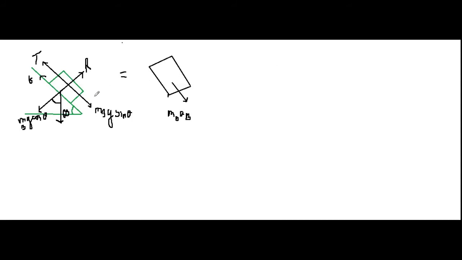Similarly friends, we shall draw the free body diagram of block B. Here block B is moving downward, so the net force will be acting like this, and the angle of inclination of this inclined plane being 60 degrees, we can easily write the component of weight, mg cos theta, acting like this, and the normal reaction R is acting like this, and the tension is acting away from this block.